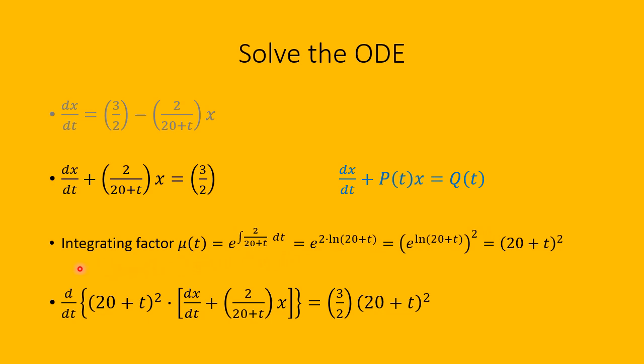So the left-hand side of this differential equation can be written as the derivative with respect to t of the integrating factor times x, because the integrating factor times the left-hand side of the differential equation equals the integrating factor times the right-hand side.